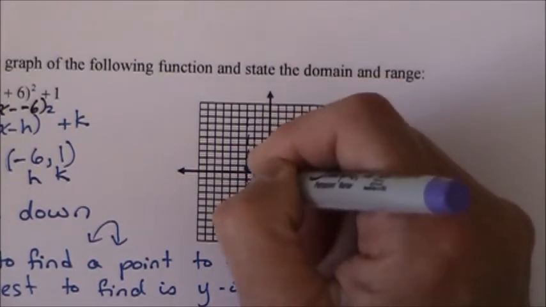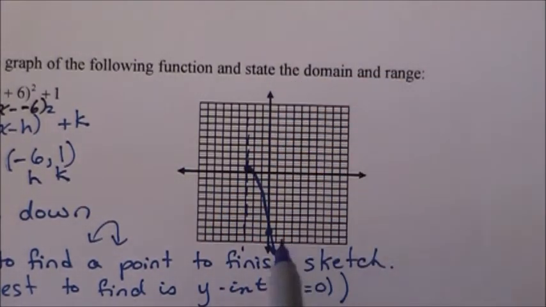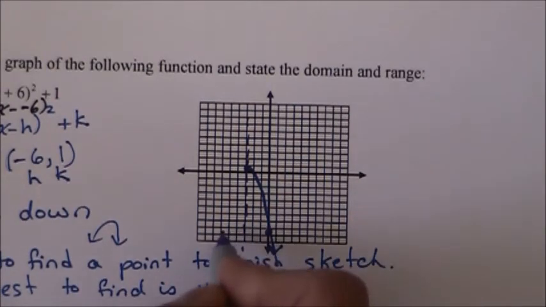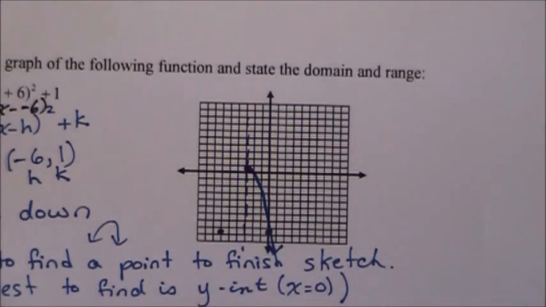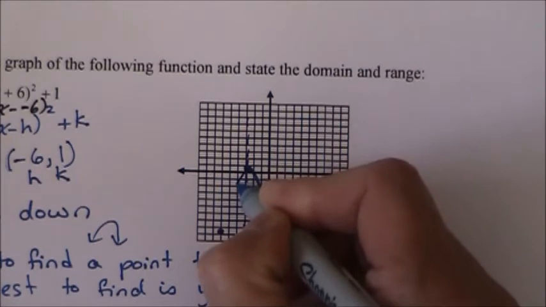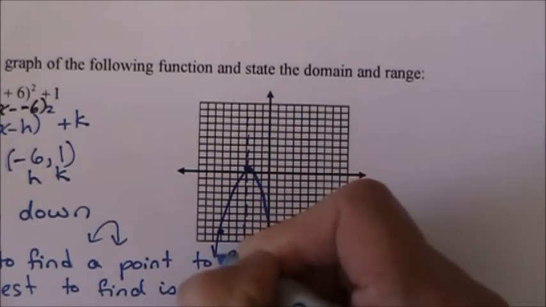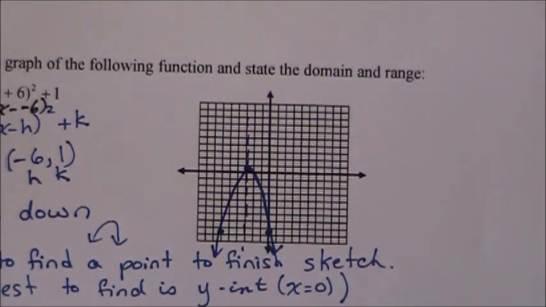Now there's our axis of symmetry, and it is a mirror image. So if we look at this point here, it is 1, 2, 3 away from the line. So we'll have a mirrored point on the other side, 3 away from the line. So 1, 2, 3, there's the mirrored point. And at this point we can now come down on this side. And there's our graph.